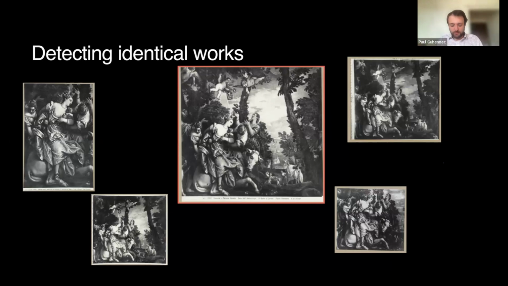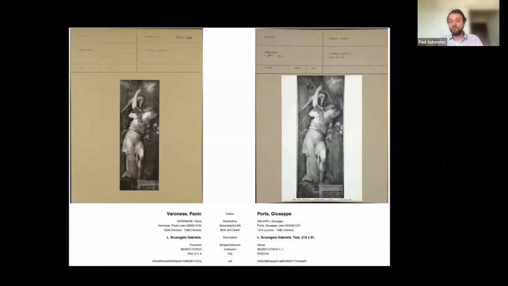So this has brought us many interesting surprises, showing that, for example, the same artwork has been described as being painted by two very different painters, thus being the starting point of an inquiry into who exactly is the painter of this Gabriele.